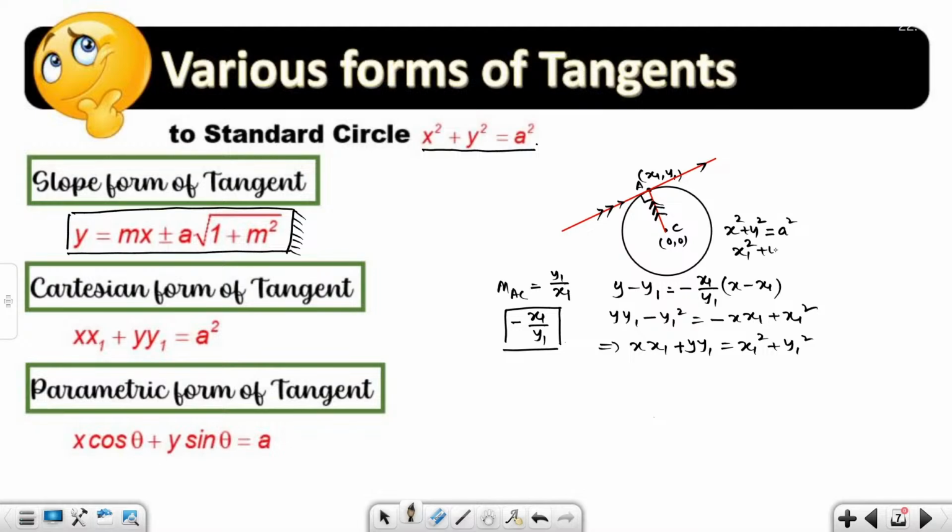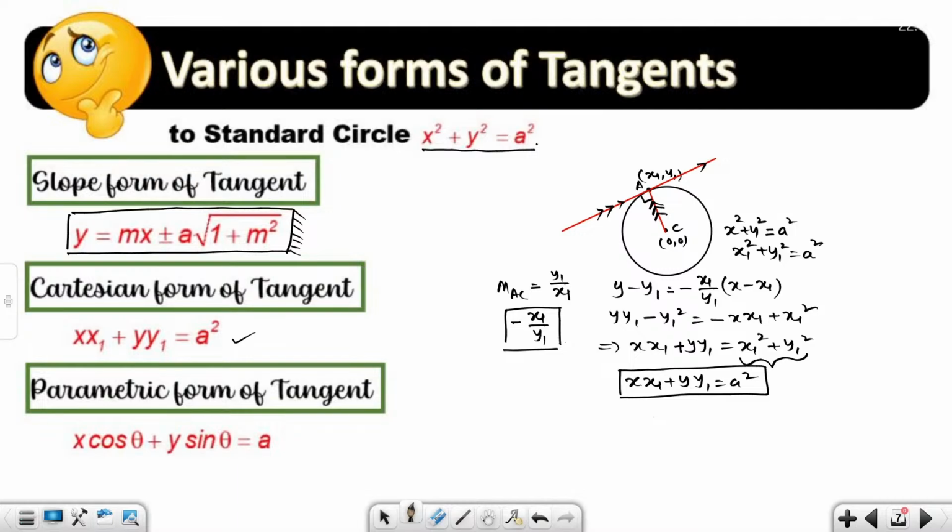That is, x1 square plus y1 square will be equal to a square. Therefore, I can replace this by a square. So we are getting the equation of the tangent as x x1 plus y y1 equals a square. That's exactly what I have written over here. The Cartesian form of the tangent is x x1 plus y y1 equals a square.